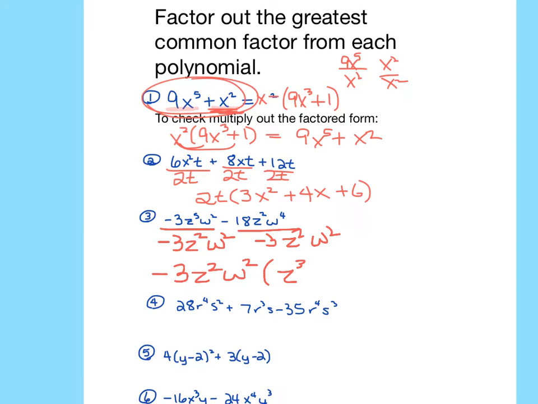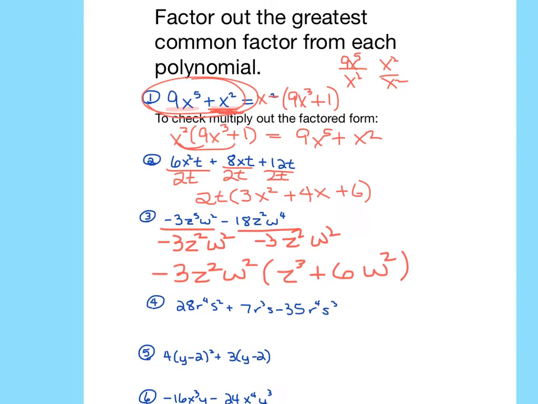And then for the w, it cancels away because 2 minus 2 is 0. Anything to the 0 power is 1. And now I'm going to divide negative 18 by negative 3, and I get 6. And then the z's are going to cancel because 2 minus 2 is 0. 4 minus 2 will give me w squared. And that's your factored answer.